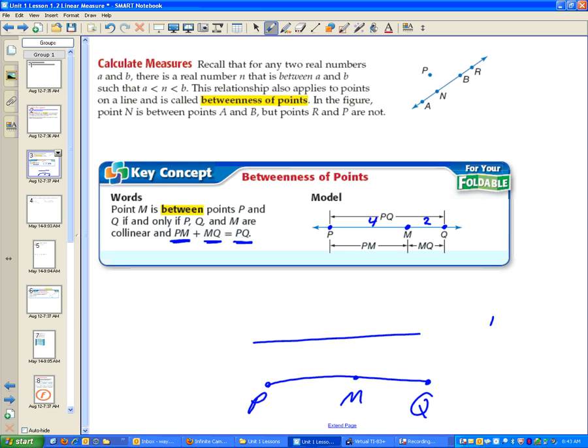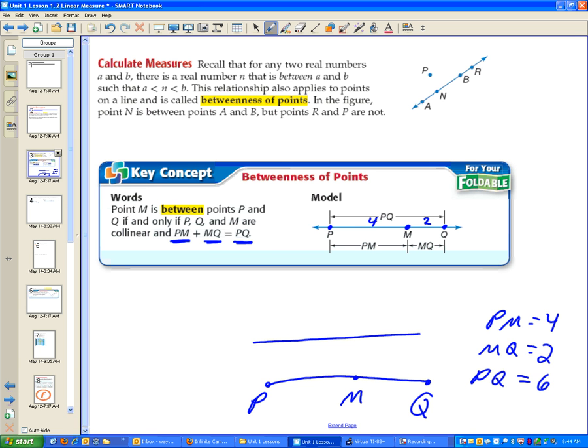But then I tell you that the length of PM is 4, and the length of MQ is 2, and the length of PQ is 6, then even though the drawing's not very good, that means M is between P and Q. It's got to be collinear that way, doesn't it?